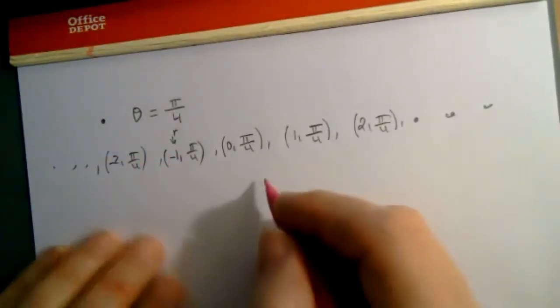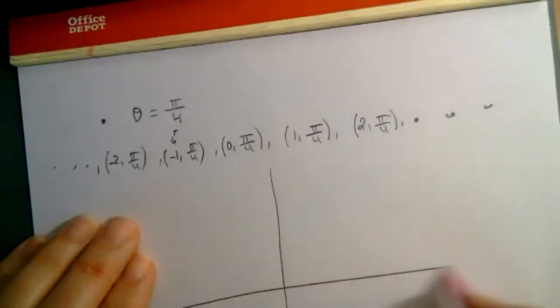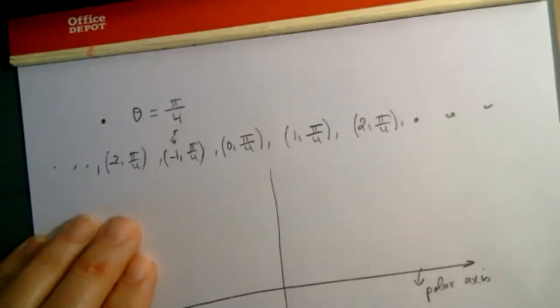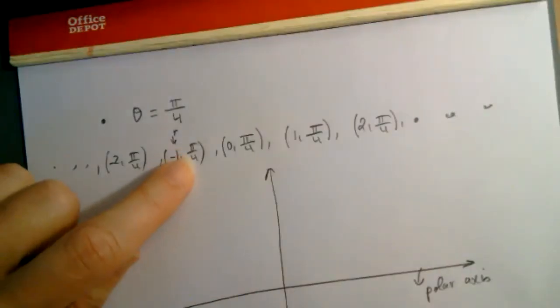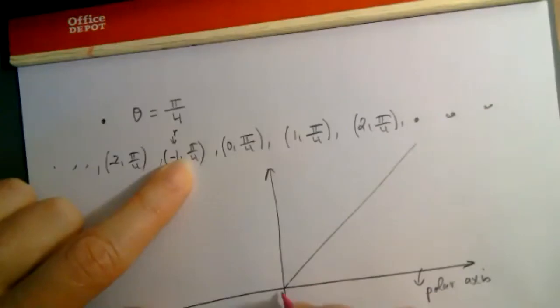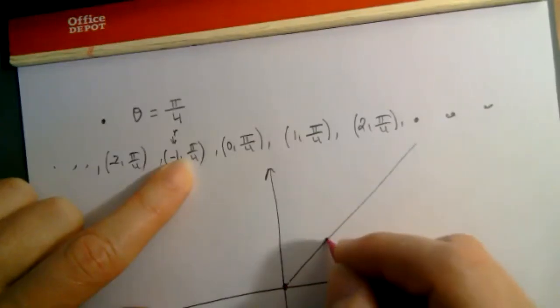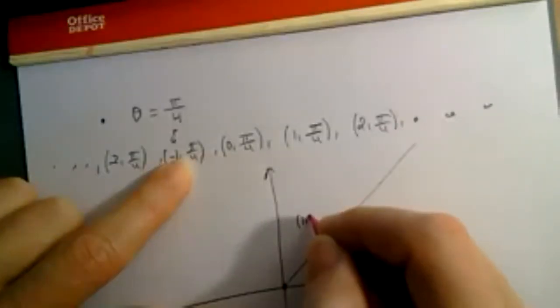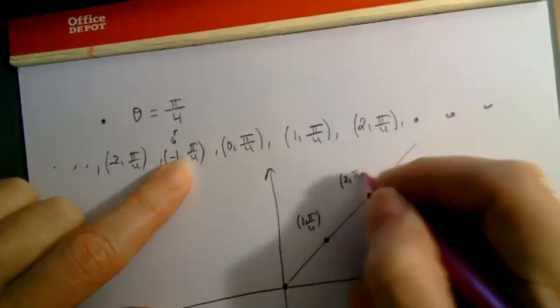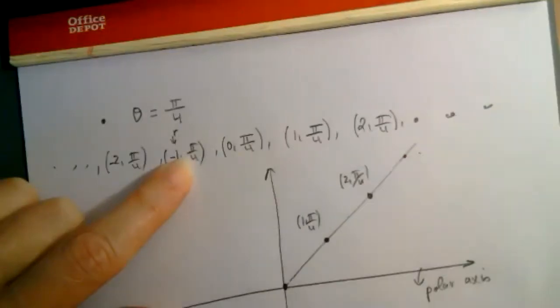So when I want to draw those points, this is the polar axis. That's where I start measuring my angle. That's why it's called the pole. That's where we start measuring. So all the angles are pi over 4. So this is pi over 4. So I'm picking 0, I'm picking 1, pi over 4, I'm picking 2, pi over 4, and so on.